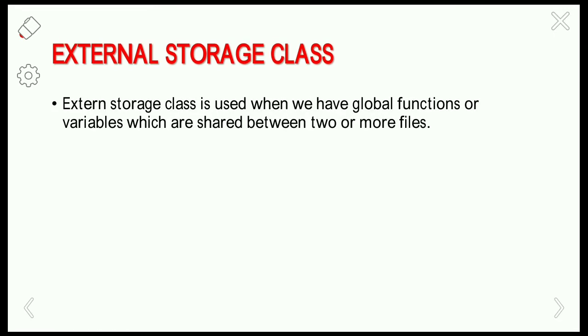Now let us see some other features of the external storage class. The external storage class is used when we have global functions or variables which are shared between two or more files. We use this external storage class with the keyword extern.